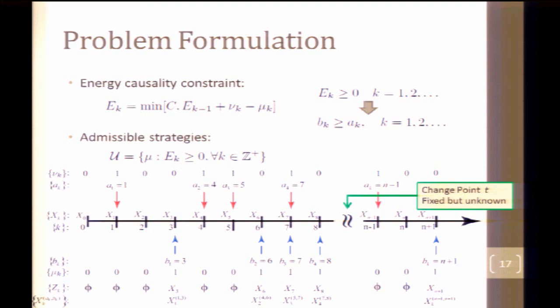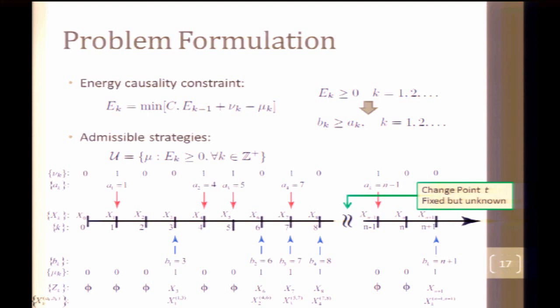And then in this kind of binary case, we can simplify this to the case in which the time you are going to use the energy should be later than the time the energy comes. Okay? So in the binary case, we can simplify this notation. Then all the energy spending policies, we have to make sure that it satisfies this energy causality constraint. Okay? So this is the set of strategy which is allowed.